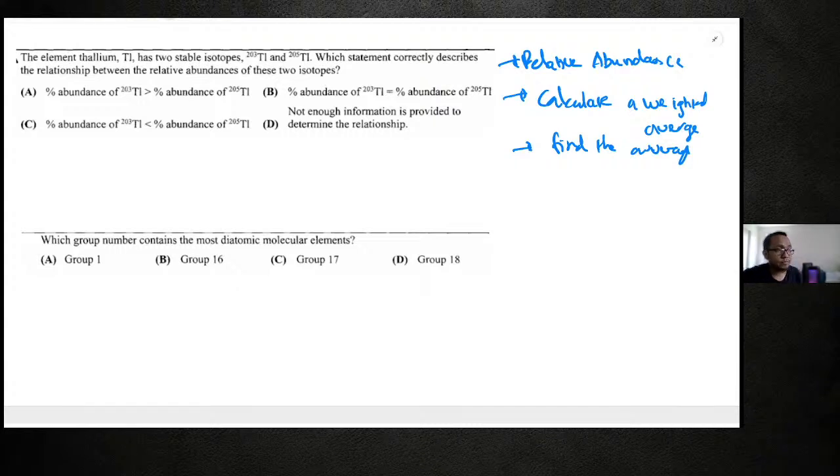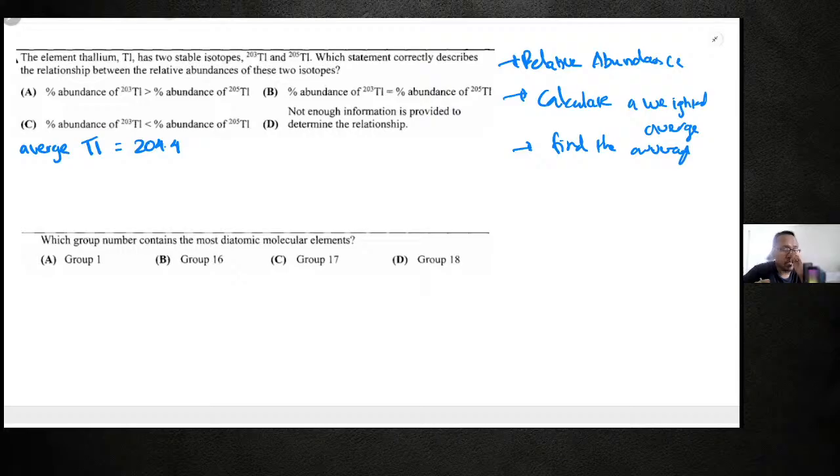Okay, so now for the concept, we need to take a look at the average, like the previous concept, the average of thallium itself in the periodic table. If you look at the periodic table, you will see that the atomic mass of thallium is around 204.4.